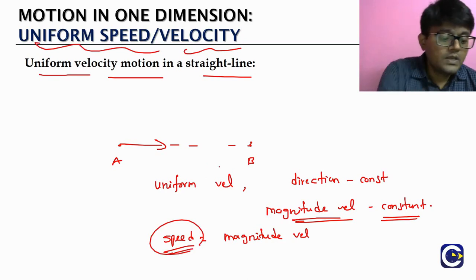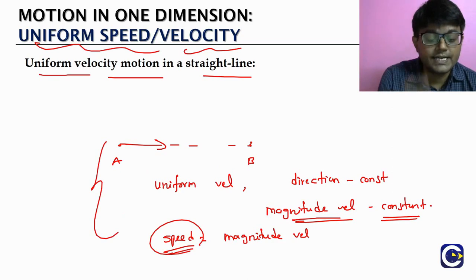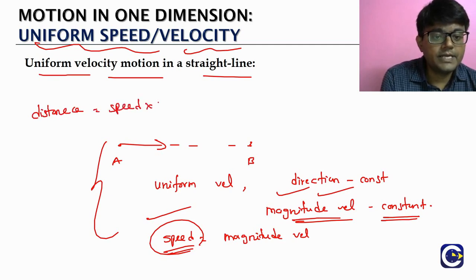Now when we look at the concept of this uniform velocity motion or uniform speed motion in a straight line, for the entire journey the magnitude of the velocity or the speed is going to remain constant. Then for the journey, the distance covered will be equal to speed into time.